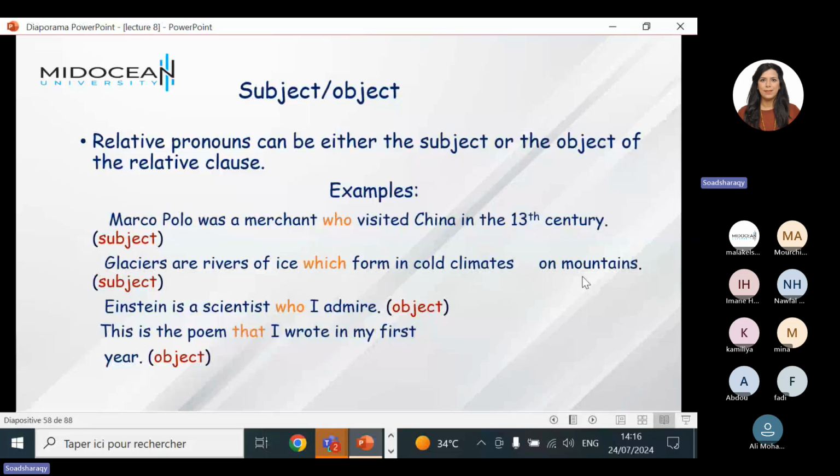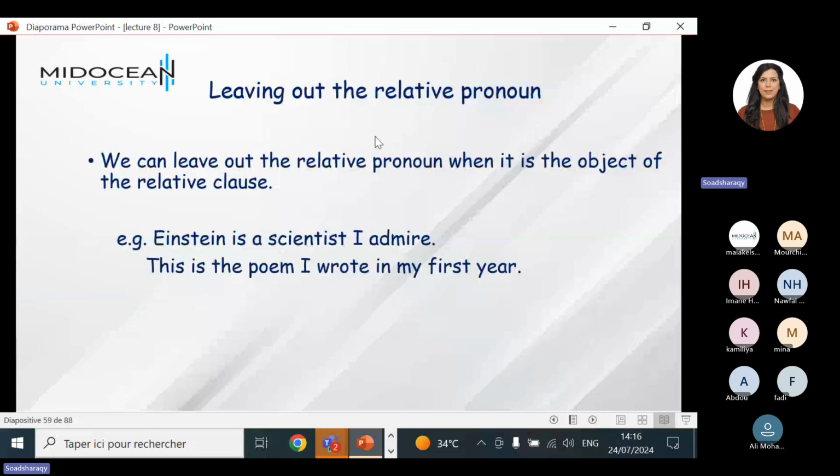So which is used as subject. Einstein is a scientist who I admire. Object. This is the poem that I wrote in my first year. Object. Leaving out the relative pronoun: we can leave out the relative pronoun when it is the object of the relative clause. For example, Einstein is a scientist I admire. This is the poem I wrote in my first year.